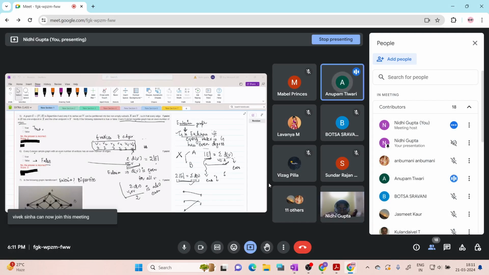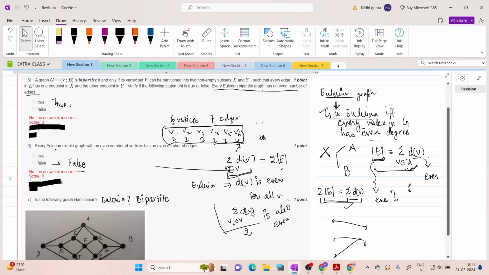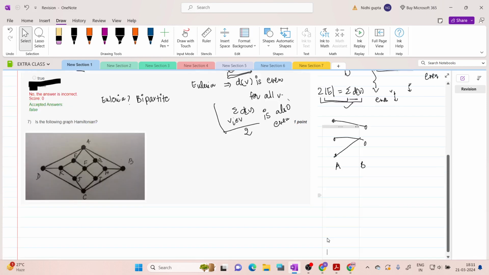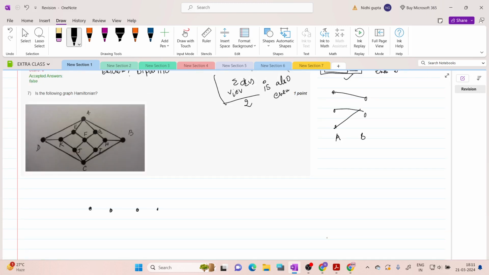Ma'am, we can write all these degrees in a line, and then at V5 we can have a self loop also. We are avoiding self loops because we are considering simple graphs. So suppose we have these vertices V1, V2, V3, V4, V5, V6, each of degree 2.